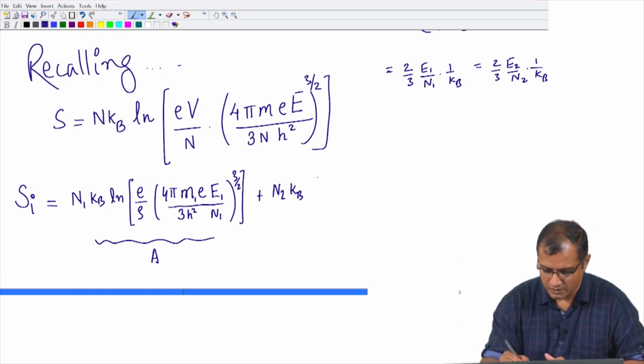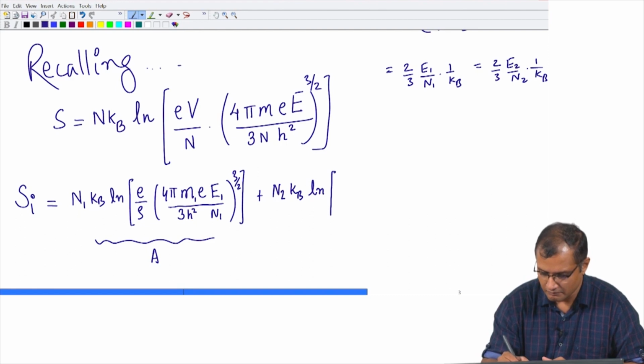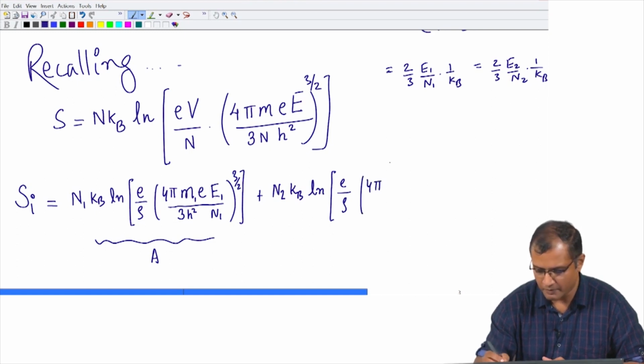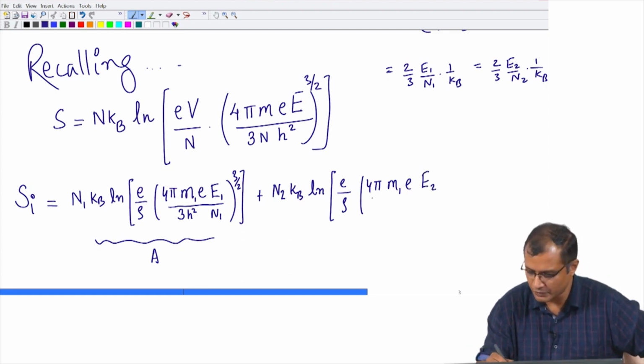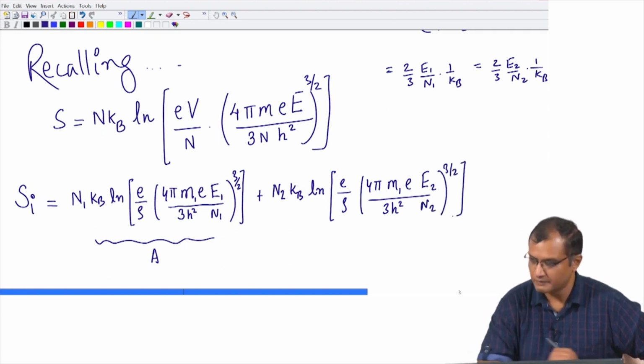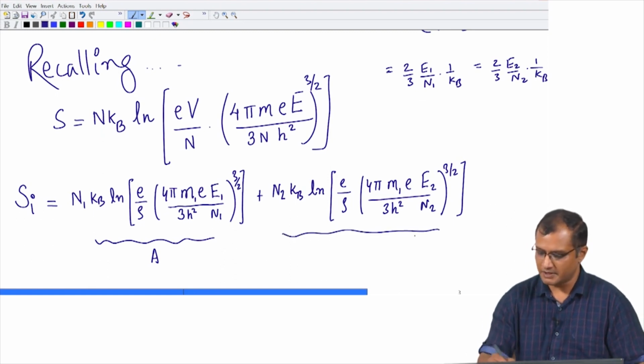So, we are going to write down Kb ln of e by rho, 4 pi m1 e2 upon 3h square n2 to the power 3 half, because the masses are same. Fine. This is for the B type.